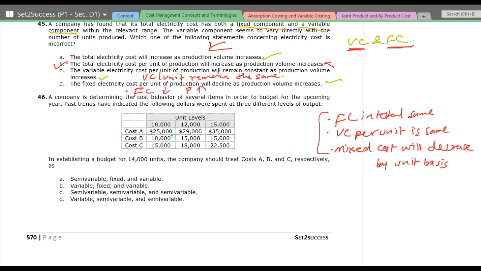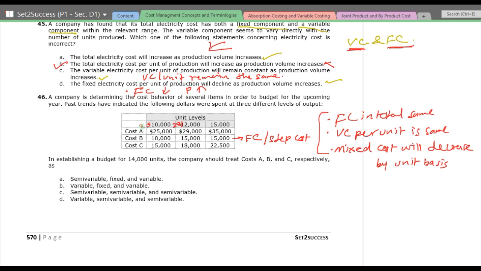Now, cost D is 10,000, 15,000 and 15,000. This is fixed cost because it remains the same. It's basically a fixed cost, but it is a step cost. Now, cost A, let us divide on a per unit basis. 25,000 by 10,000 gives 2.5, and 29,000 by 12,000 gives 2.41.